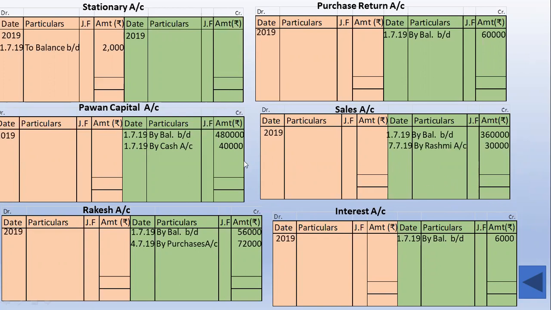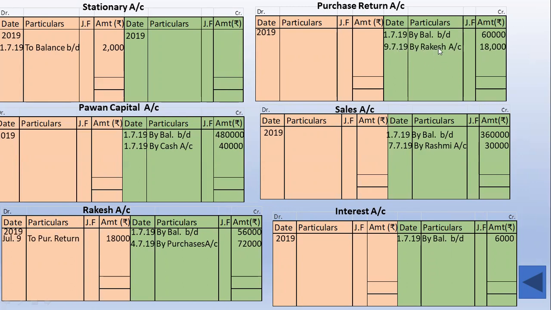Return goods to Rakesh rupees 20,000 gross. This entry shall be stated in Rakesh account debit side and purchase return account credit side rupees 18,000.